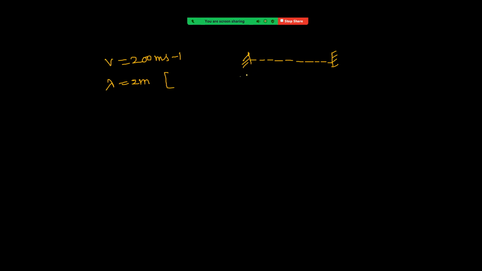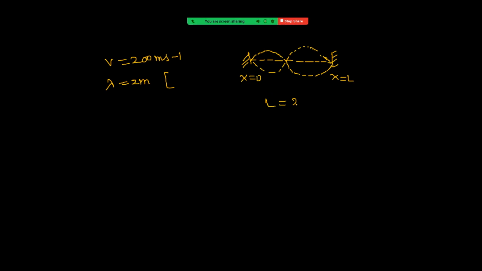Given the first overtone, let us take x equal to 0 and x equal to L. It is the second harmonic, two loops. The diagram is like this. Actually, the loops' size must be the same.